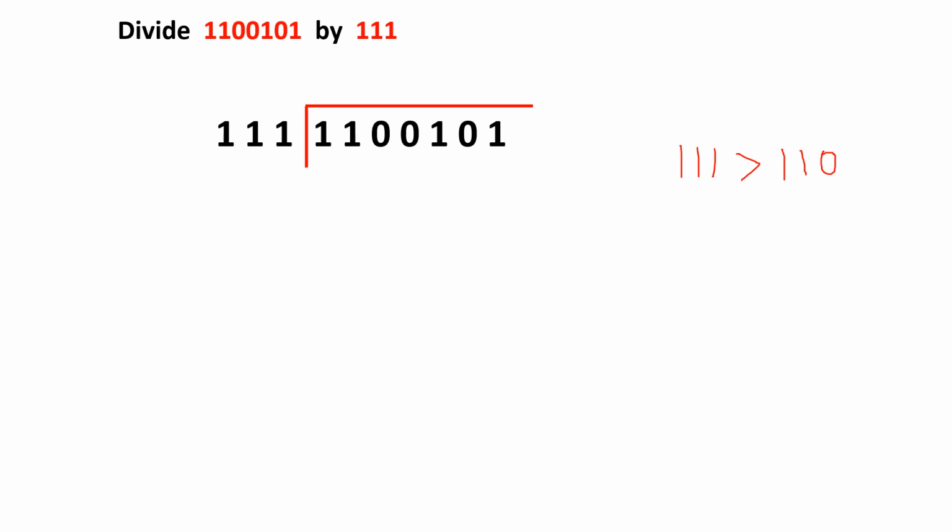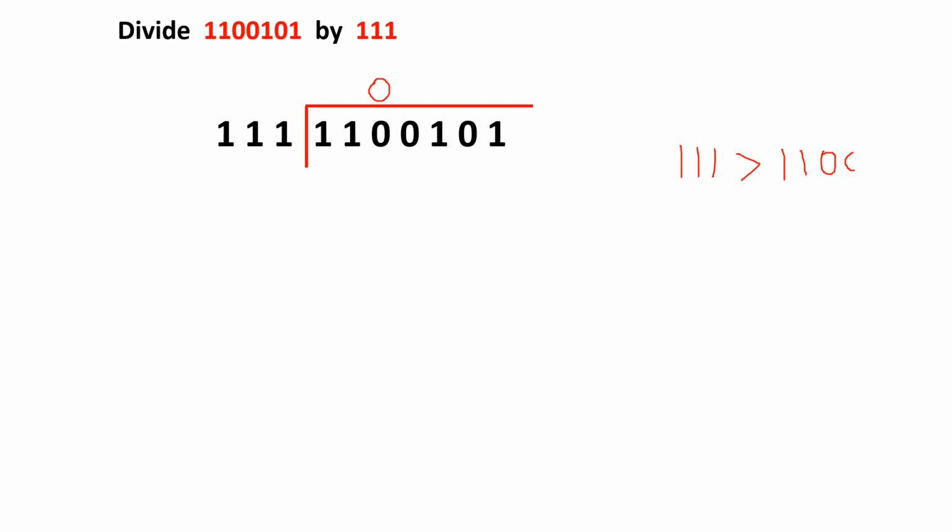So we can put a 0. And now let us also take the next bit together with this. So 4 bits, we take 1100 and compare it with the divisor.